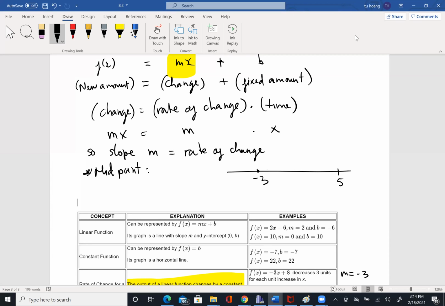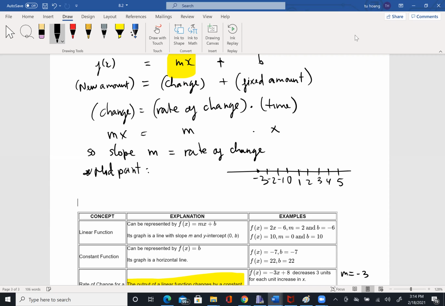So we have the midpoint of this, what is it going to be? Negative 2, negative 1, 0, 1, 2, 3, 4.